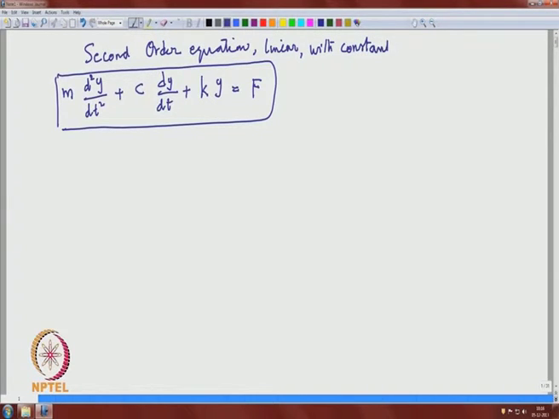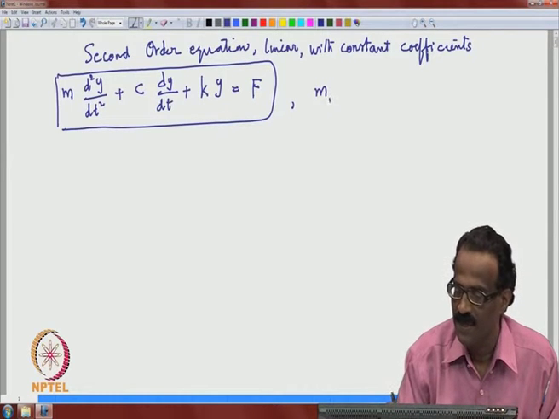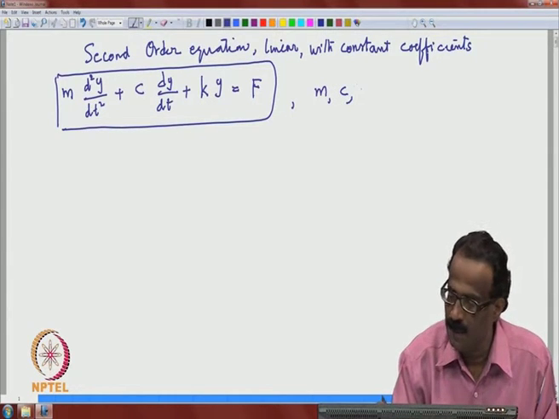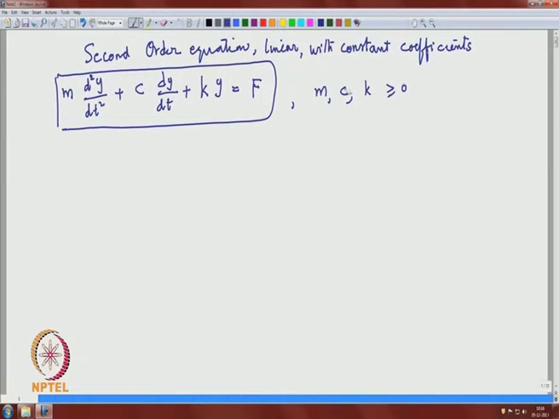You will learn more about first order and second order equations later, so I am not introducing how to solve this equation in this particular lecture. I will write down the solution, and my aim is to give you the interpretation of this equation, where m and k are greater than 0, then only you have non-trivial mass and spring, and c can also be.